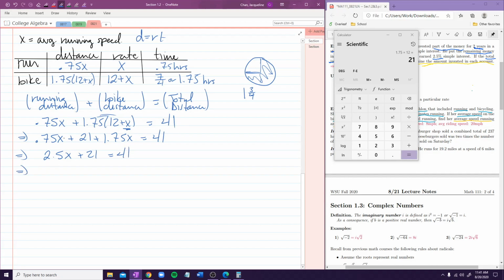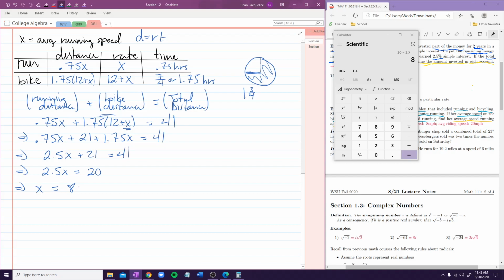Then I'm going to subtract 21 from both sides, and I get 20. To get a coefficient of 1 on x, I'm going to divide both sides by 2.5. So 20 divided by 2.5 is 8.